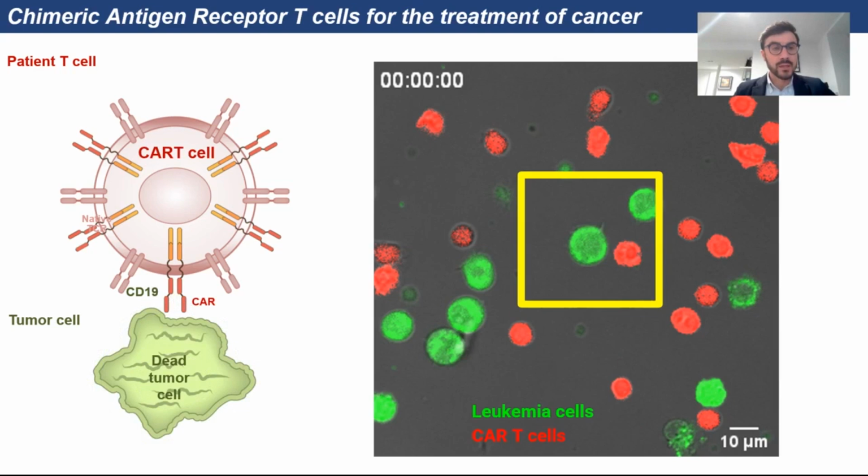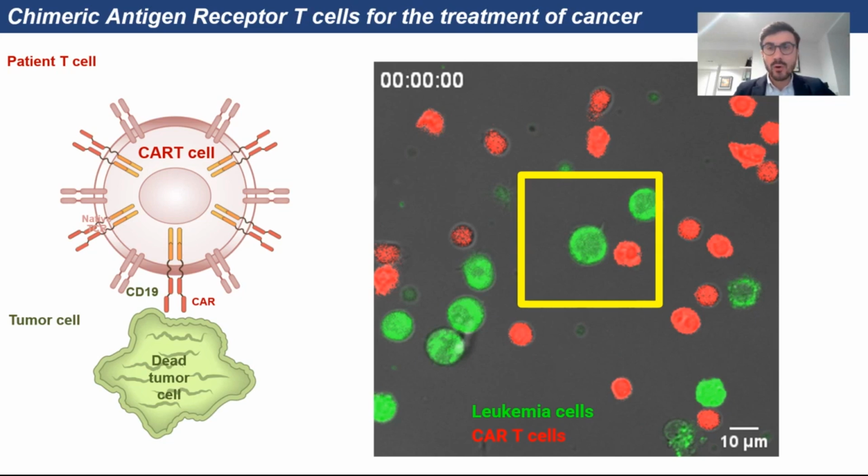And as you can see, they can destroy the target cell, but at the same time, they can also proliferate, get activated, and kill many other tumor cells.